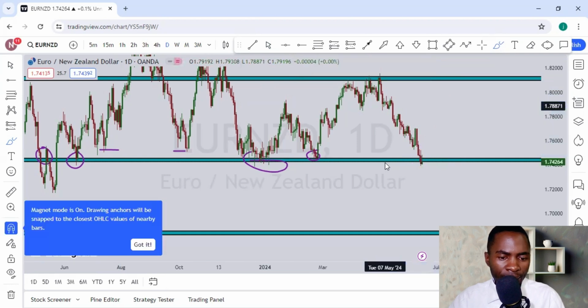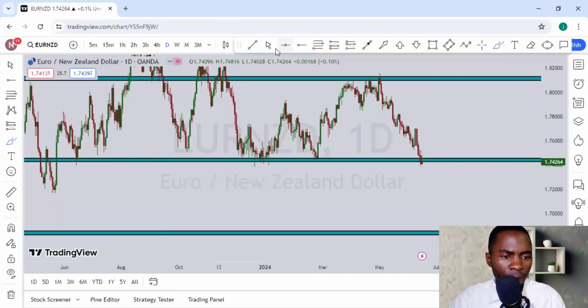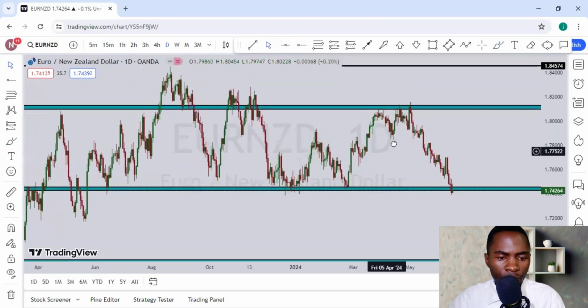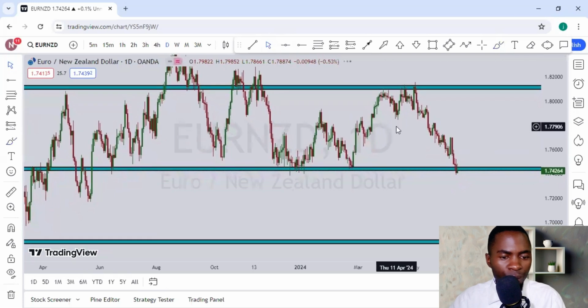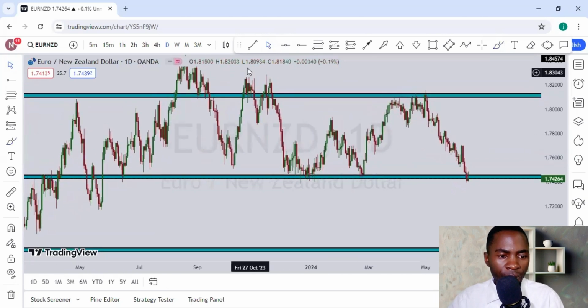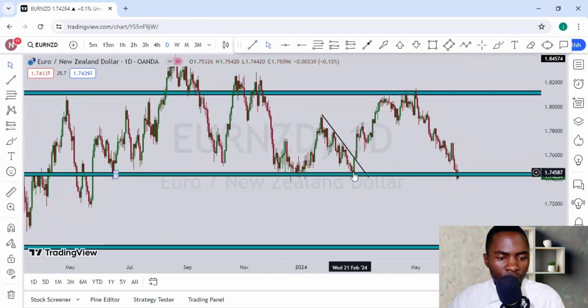Now let's start to analyze this market. Previously, if you have watched my previous video, you can see clearly how I took this trade around here. This was a double bottom.